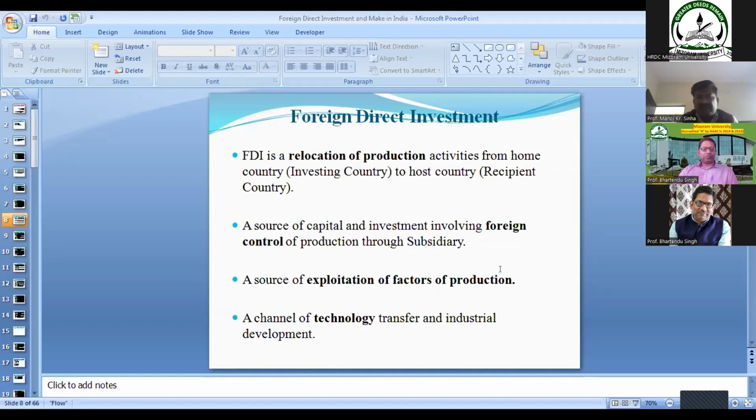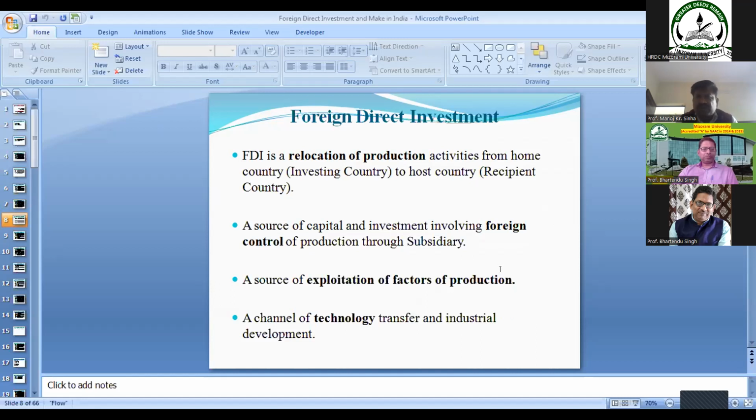And what is FDI? We already said FDI is basically relocation of production facility from the home country. Home country means the investing country, and the host country is the recipient country. The host country normally has the locational advantage, and the home country or investing country has a capital advantage in the form of technology and other things.